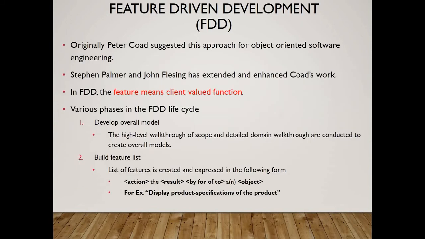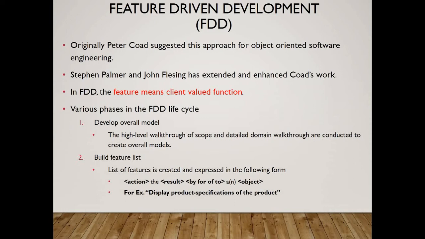In the Feature Driven Development model, Peter Coad originally suggested this approach for object oriented software engineering. So we have to focus on the words object oriented software engineering. Stephen Palmer and John Felsing suggested and also extended Peter Coad's work.